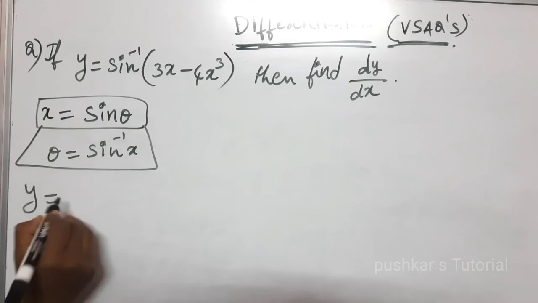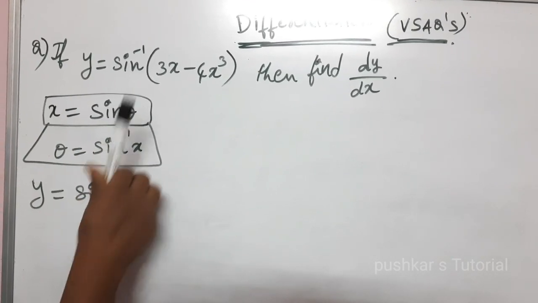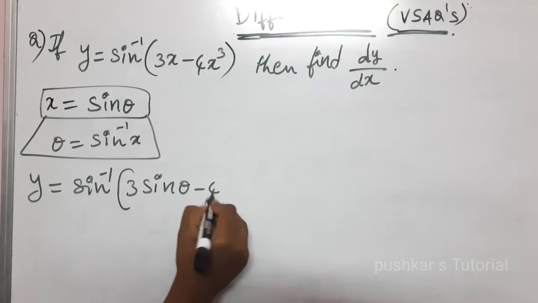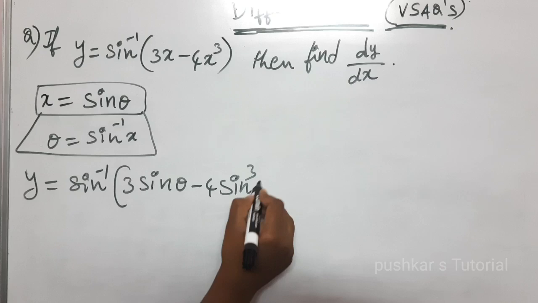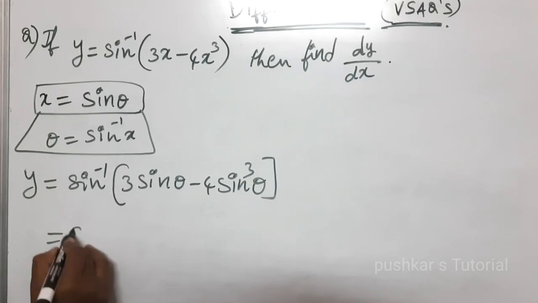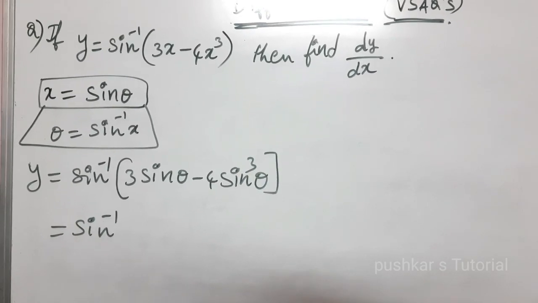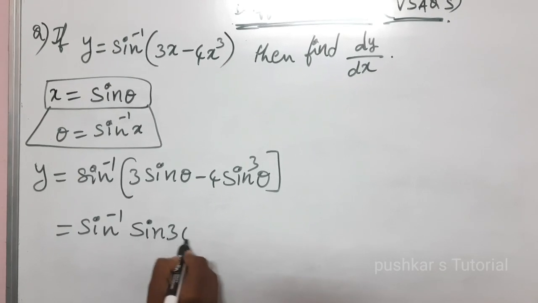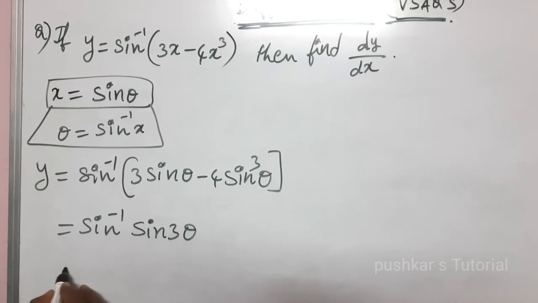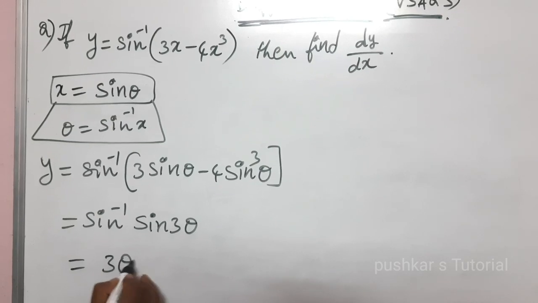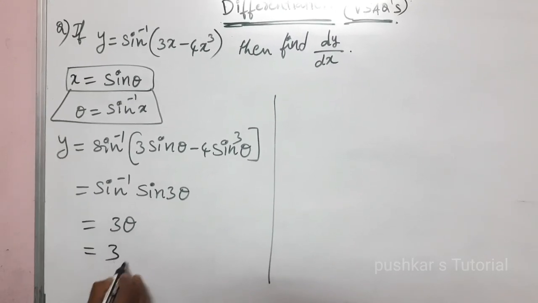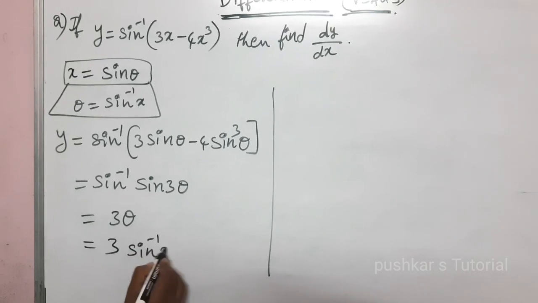Then y is equal to sine inverse of 3 sine theta minus 4 sine cube theta, which looks like the sine 3A formula. So sine 3 theta. Sine inverse and sine cancel, only 3 theta is left over. 3 as it is, theta is sine inverse x.